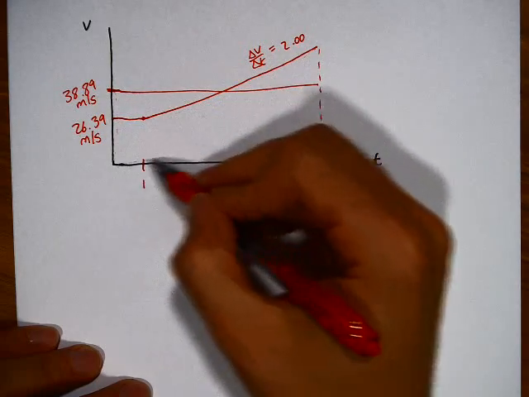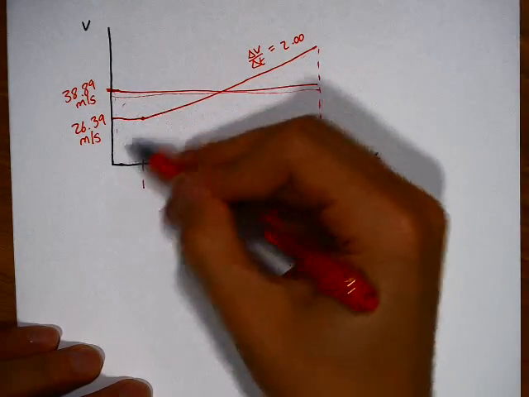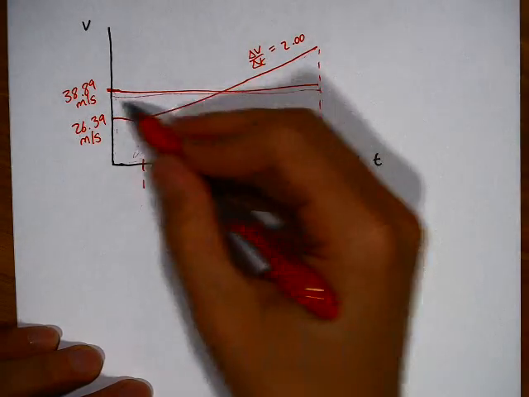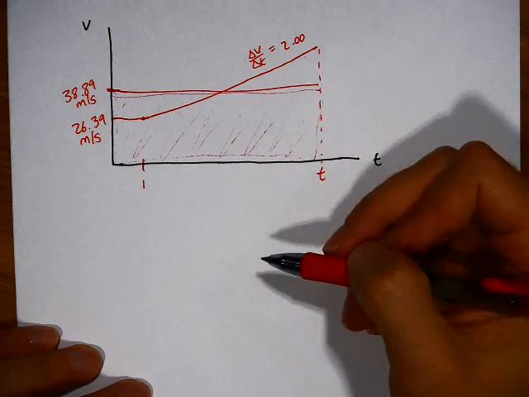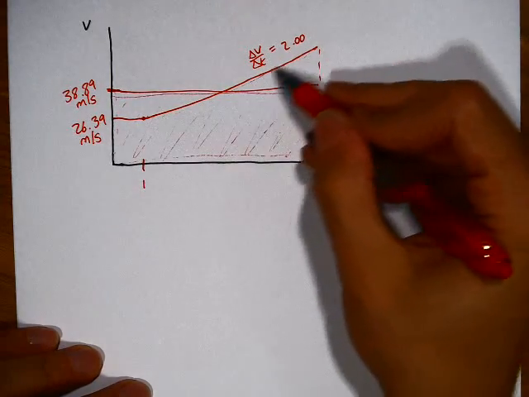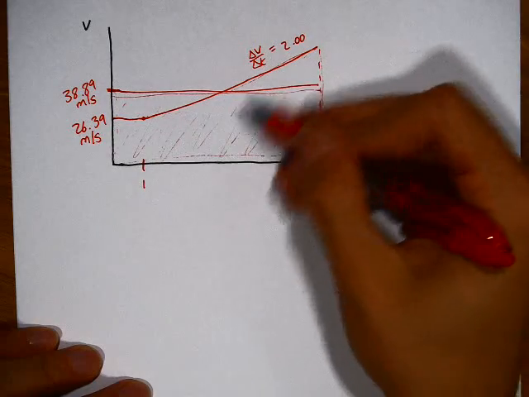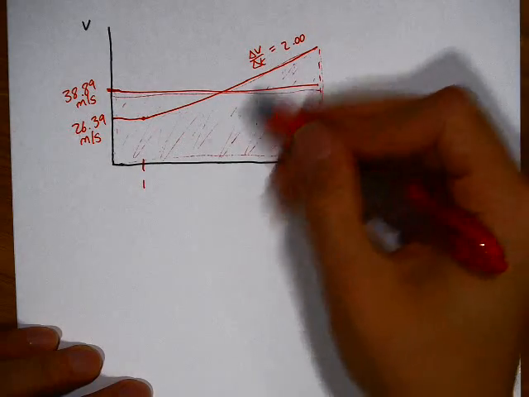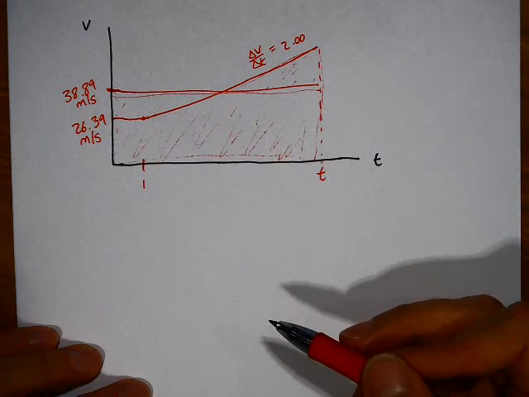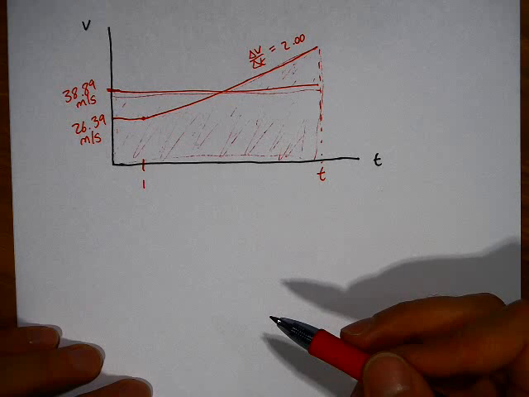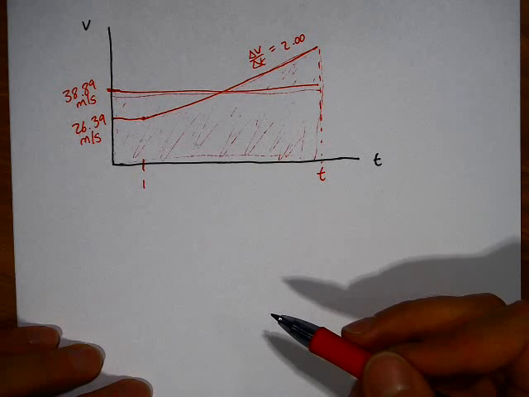So the area under the 38.89, that area has to equal this area. It goes all the way up here, this entire area. Those two areas will be equal when the two cars have equal displacements, and that is the time at which the policeman catches up.